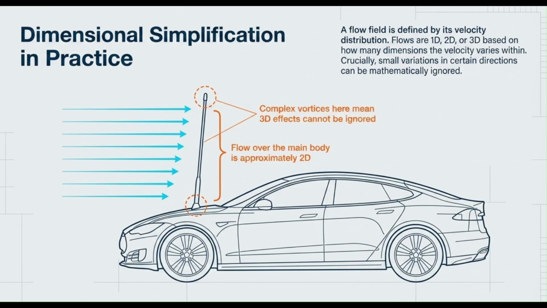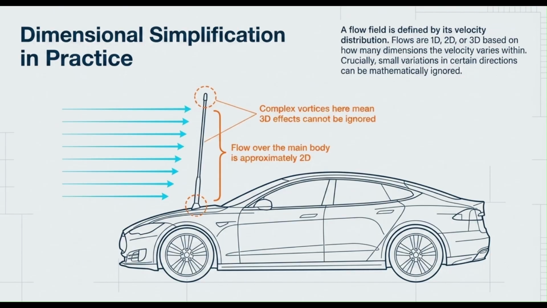Dimensional simplification. Real flows are usually three-dimensional, but sometimes we can simplify them. A flow is described as one-dimensional, two-dimensional, or three-dimensional depending on how many spatial directions the velocity significantly changes.